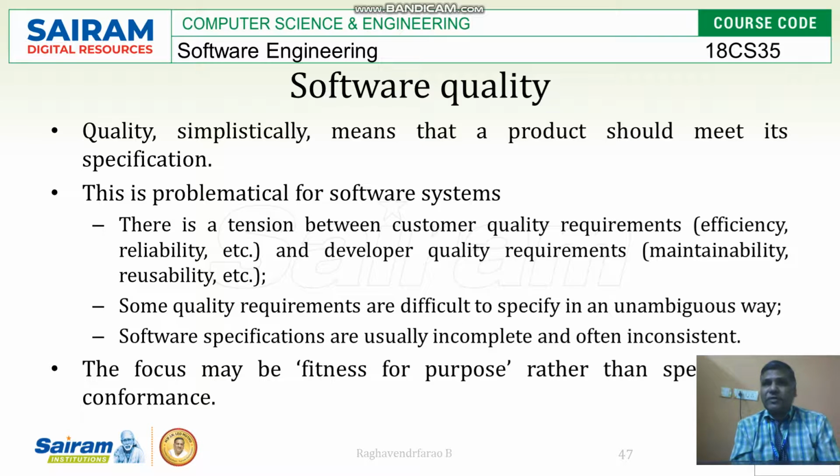Okay, what are the requirements? It should specify the unambiguous nature of the application. Ambiguous things should not be present in that. Sometimes it is going to get difficult also.